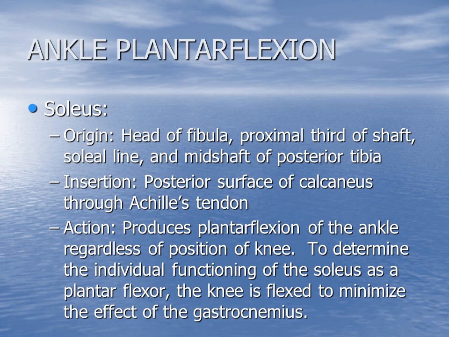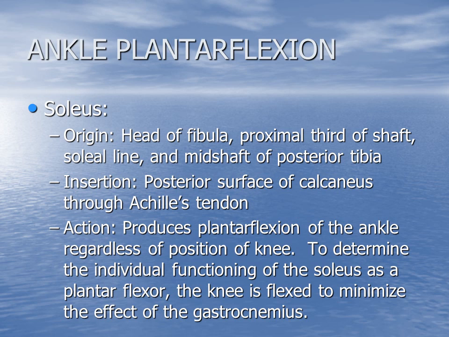And it operates at the ankle joint through its insertion on the posterior surface of the calcaneus through the combined and shared Achilles tendon. Now, the action of the soleus muscle is to produce plantar flexion of the ankle regardless of the position of the knee.